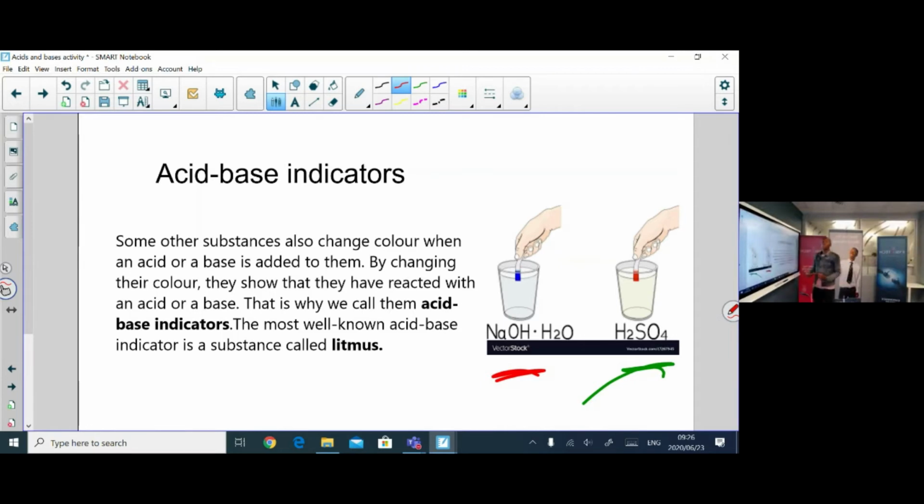The most commonly used indicator is litmus, but we have a variety of indicators for testing whether something is an acid or a base. So this is how we test for acids and bases, by using an indicator. The commonly used indicator is litmus, right? Awesome.